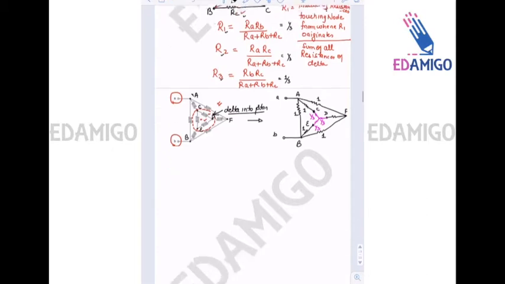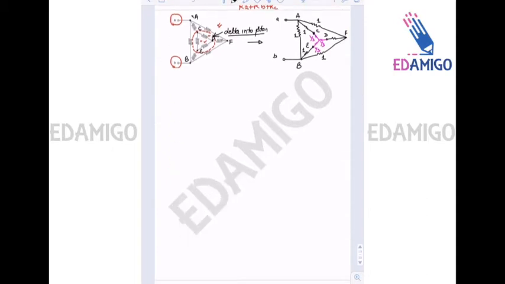Okay, so it can be redrawn as 1, 1 and 1.